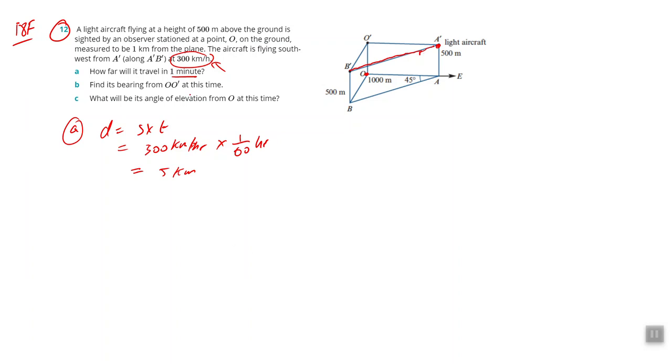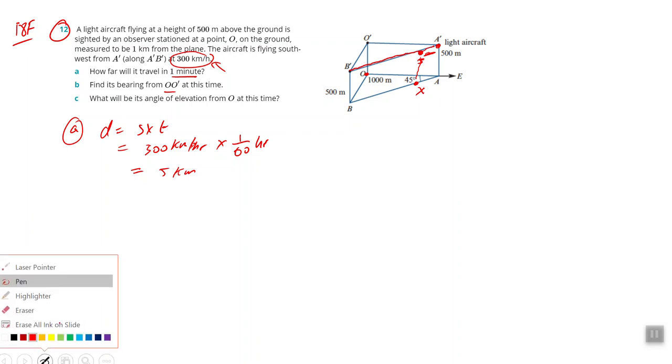Now find the bearing from O at this time. What it's asking is, if it's traveled 5 kilometers between here and here, what's the bearing from O? If I project this down below and label it X, what is the bearing from O to X essentially?